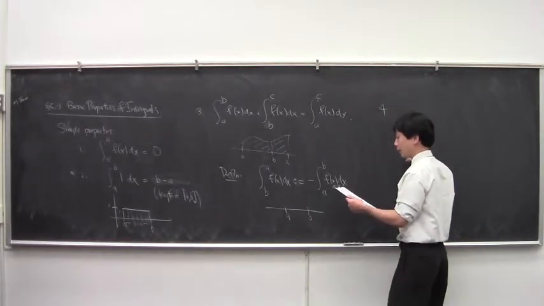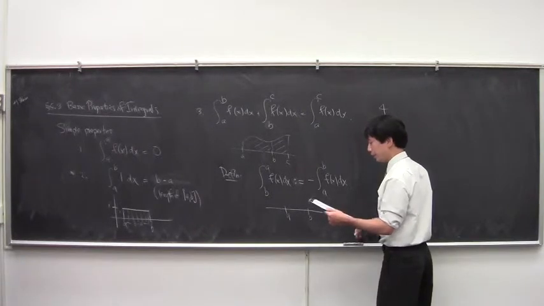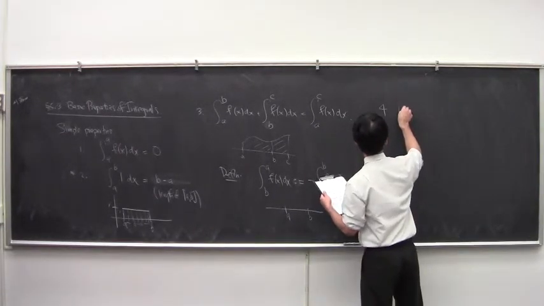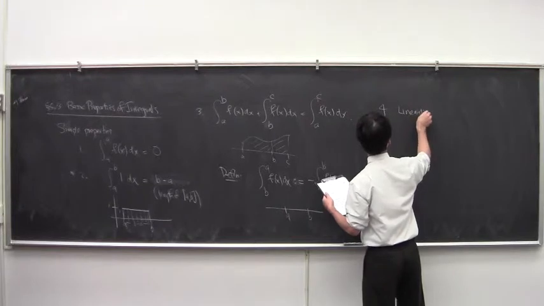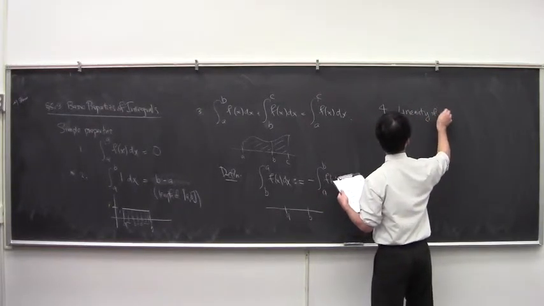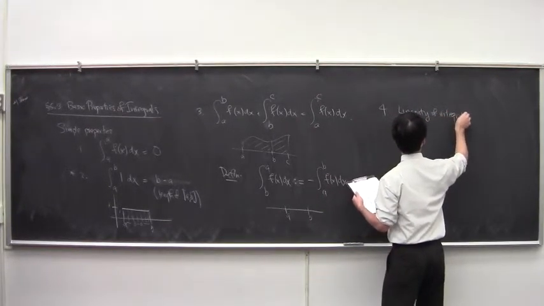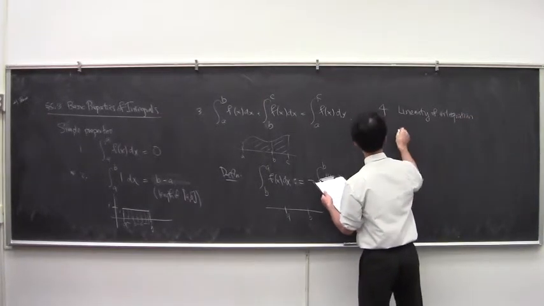Okay. So here is a really important property. Actually, it's called linearity. And it comes in 2 parts.